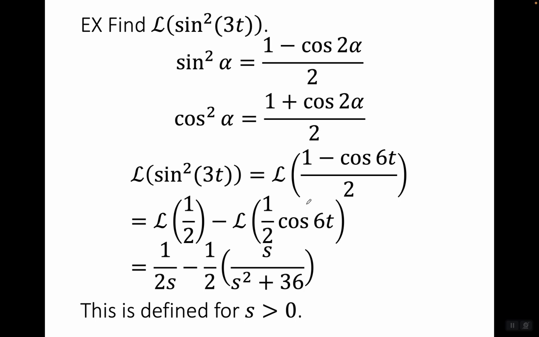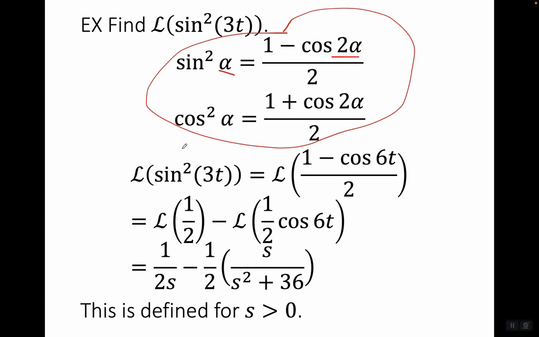How about the Laplace transform of sine squared 3t? For this, we use those formulas that we learned in pre-calculus or in calculus 2. Sine squared alpha is 1 minus cosine 2 alpha over 2. Cosine squared alpha is 1 plus cosine 2 alpha over 2. So what we would do is just plug in 3t for alpha, and we end up with sine squared 3t equals 1 minus cosine 6t all over 2.